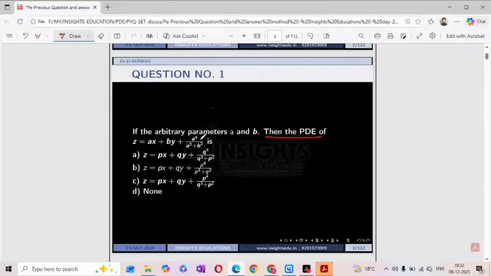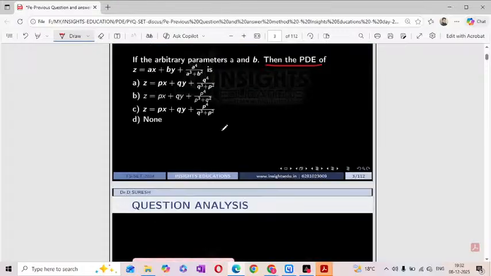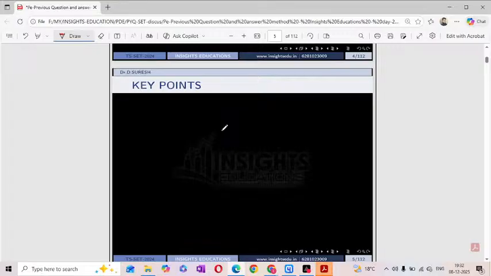So this is very simple. Before going to solve the problem, now we'll write the key points. How can you form the differential equation?